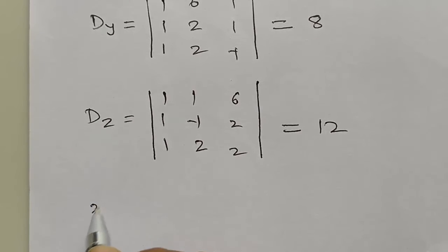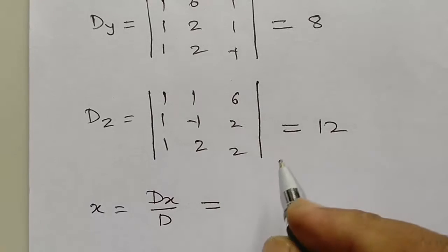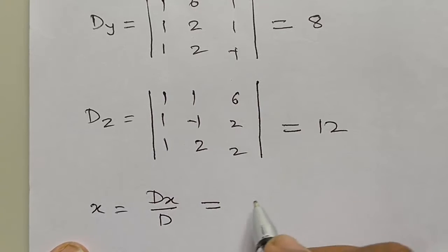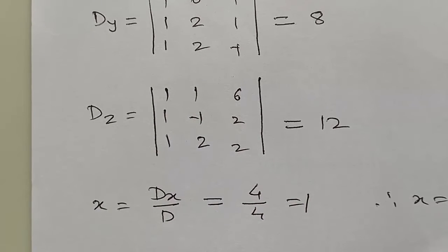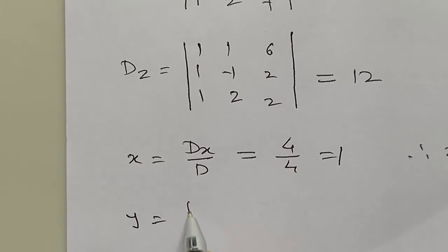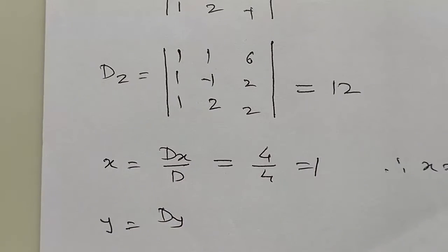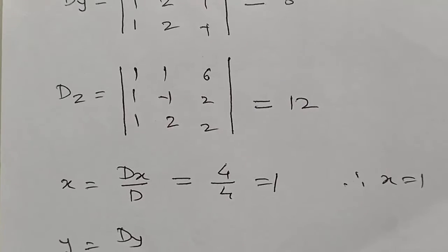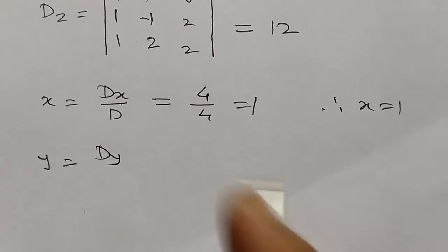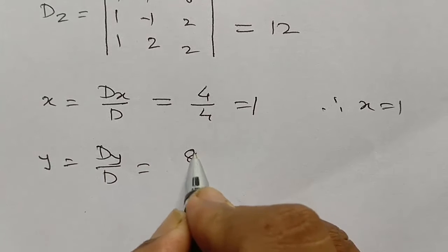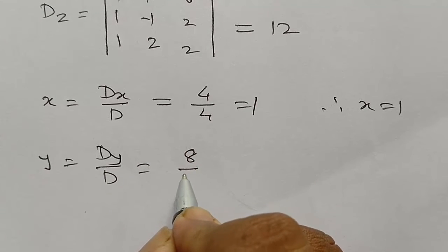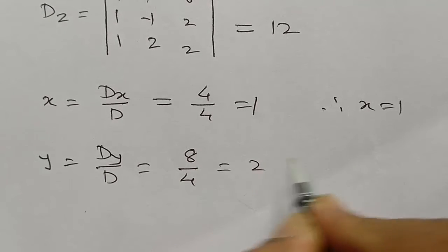now x is equal to Dx upon D. Dx is equal to 4 and D is also 4. So it is 1. Therefore, x is equal to 1. Y is equal to Dy upon D. Dy is 8, D is 4, so it is 2.